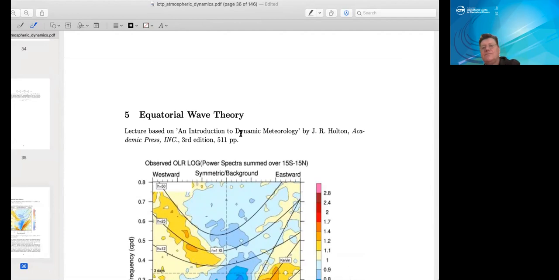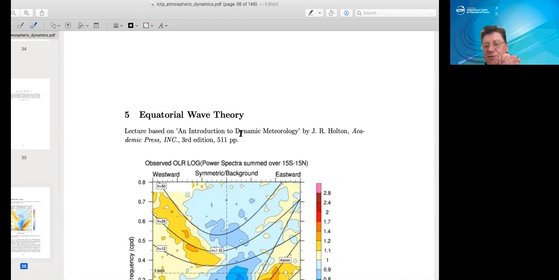change now. Not completely, but to some extent, change subject and go away from these extratropical regions where we found this very interesting instabilities. And we will look at waves in the tropical regions.